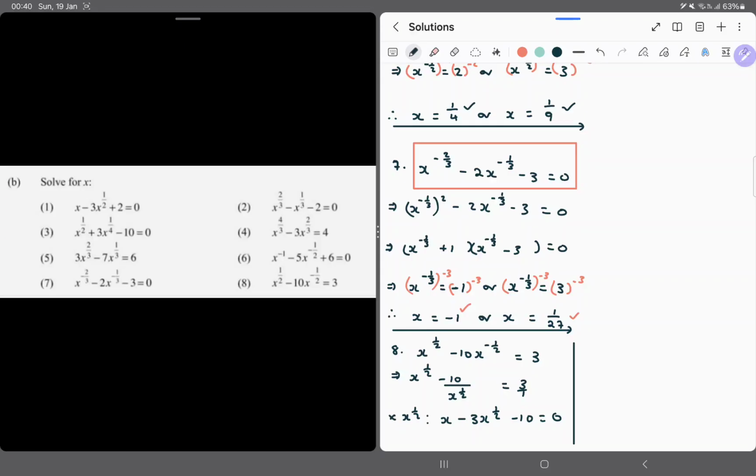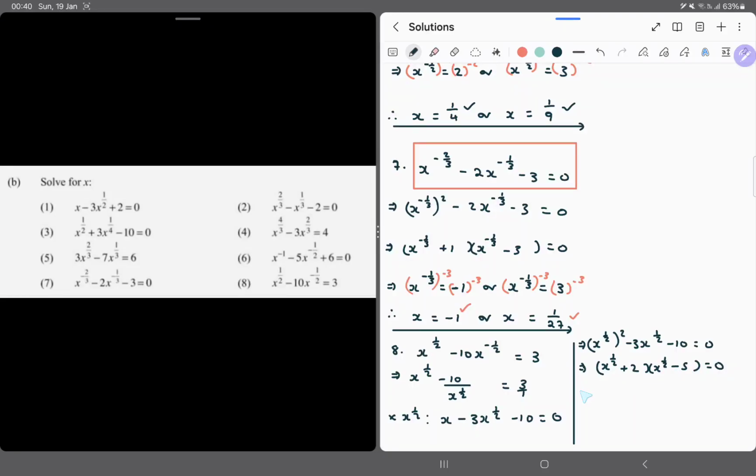Now we are getting somewhere. We can now factorize this thing. First we can simplify. Let's factorize. So this is going to be x to a half. Then 10 is going to be 5 and 2.